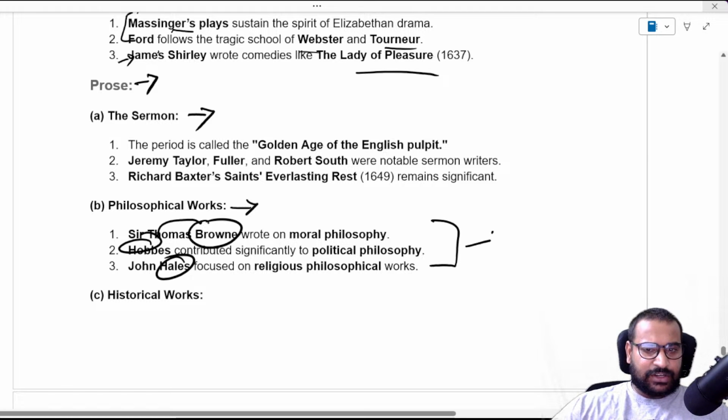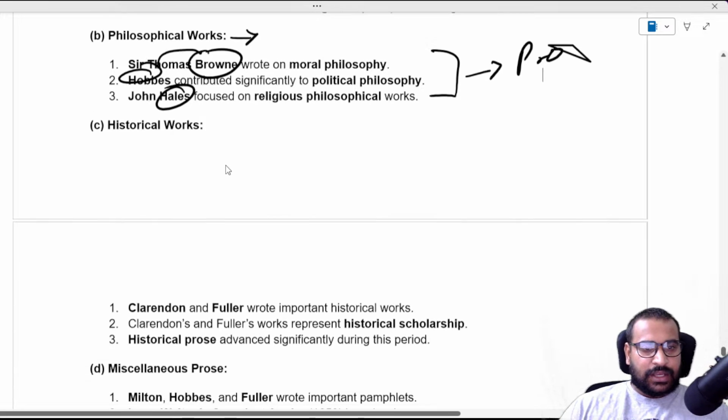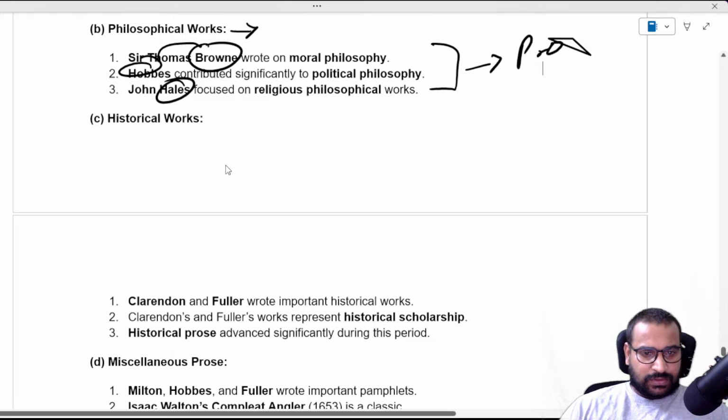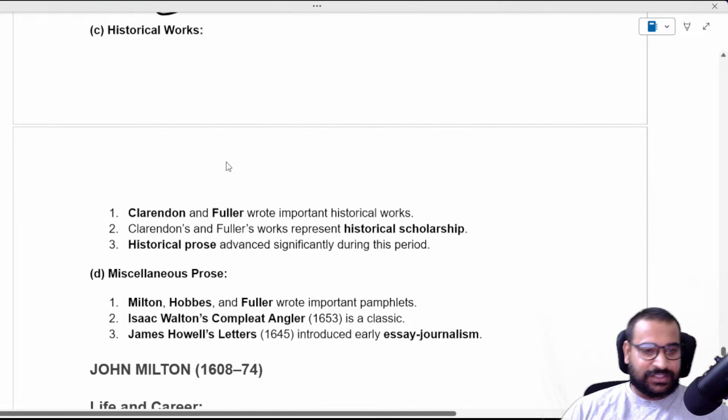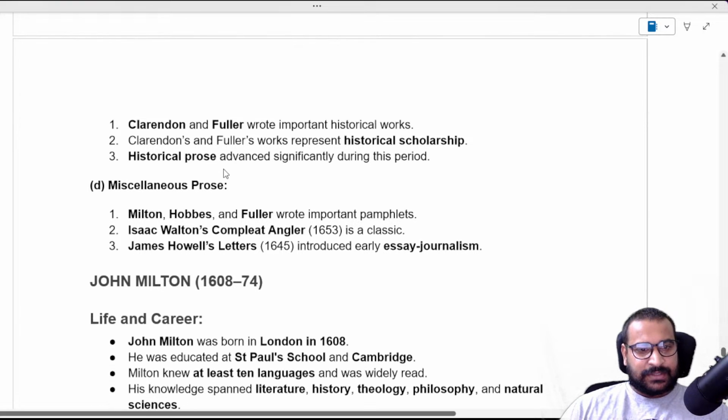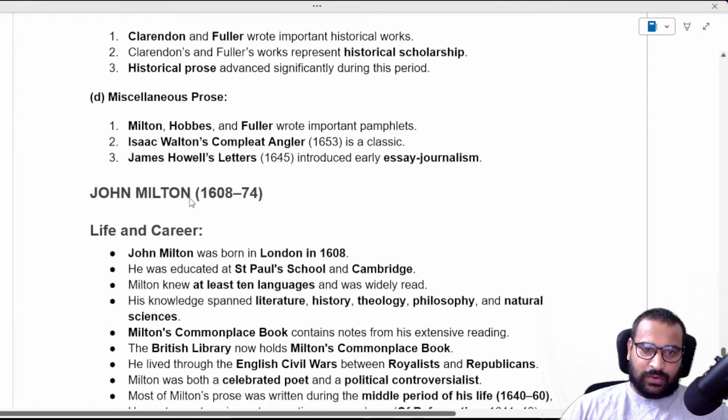Anyway, we'll talk about that in our prose section later in the session. Then historical works were also making their way into this period, and miscellaneous prose was also there, like Izaak Walton's The Compleat Angler. There was a question based on that as well.